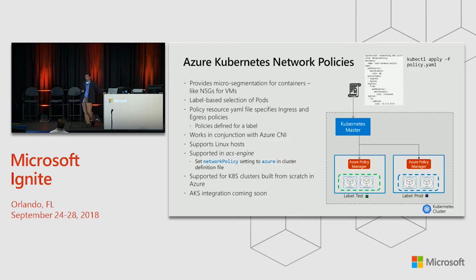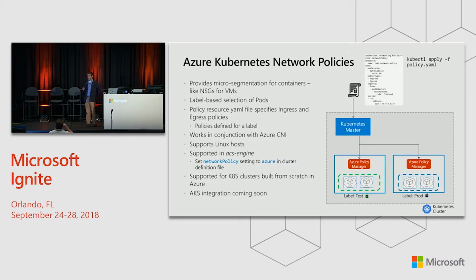Windows is coming soon. And there are 2 different ways in which you can use the Azure network policies. One way is to go and enable it in a cluster that you would bring up using ACS engine. It's a very simple setting. If you are familiar with ACS engine, you would know that there is something called a cluster definition file, and there is a setting in there called network policy. You set it to Azure, and you automatically have Azure network policies enabled.